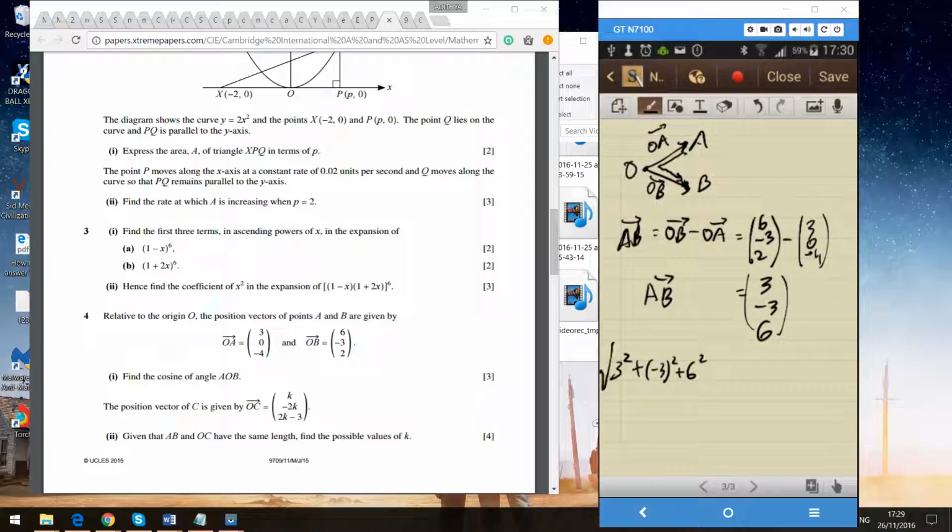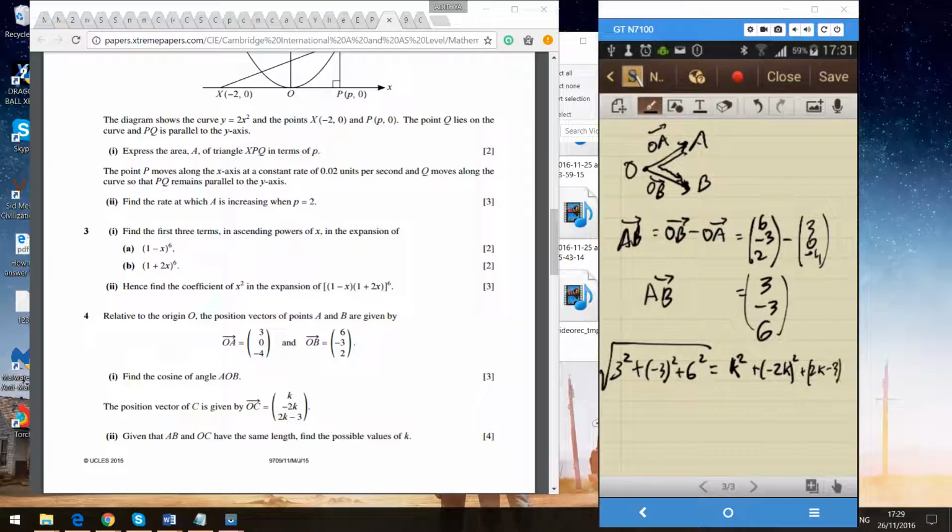We were given the information that AB and OC have the same length. So we find the length of vector OC, that's k squared plus minus 2k squared plus 2k minus 3 all squared.